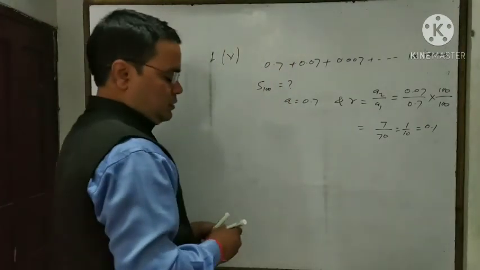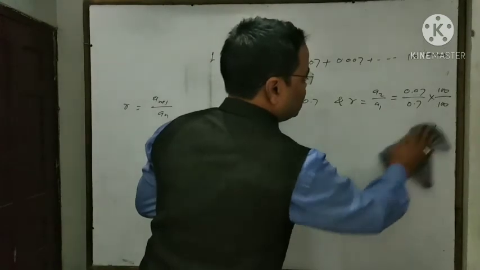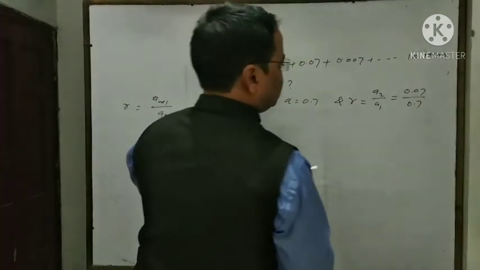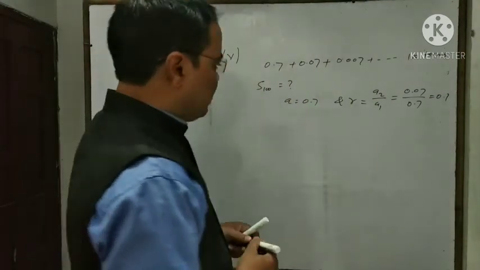I am just explaining how it is possible. Simply you can write this is equal to 0.1. This is the value of r.